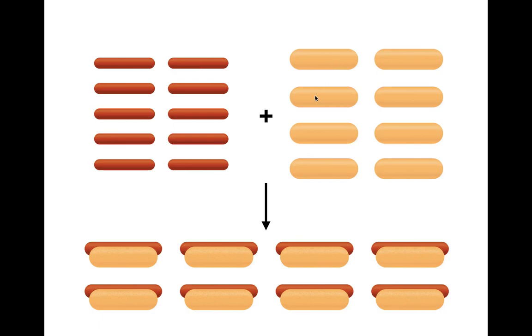Then you go over to the buns and you say, well, with these 8 buns, I could theoretically make 8 hot dogs. So with the dogs, I could make 10. With the buns, I could make 8. In reality, I'm going to only be able to make 8 because I'm going to run out of buns, right? So you figured out separately how many you could possibly make, and then you picked the smaller number. That's how it's going to work for your chemistry problems as well.